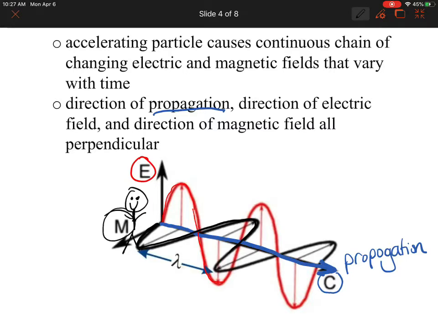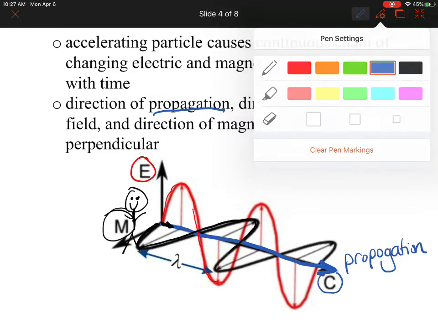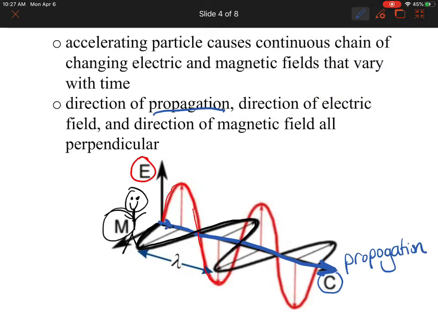I'll give you a smile because you're doing physics. Why wouldn't you be smiling when you're doing physics? I don't get it. So here you are looking at this electromagnetic wave. I want you to imagine that the propagation of this electromagnetic wave is going away from you.